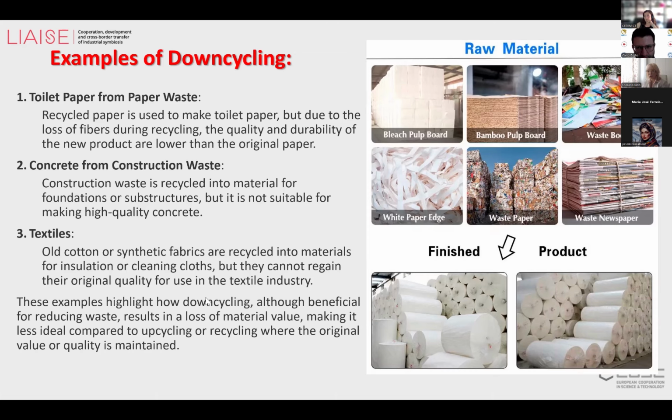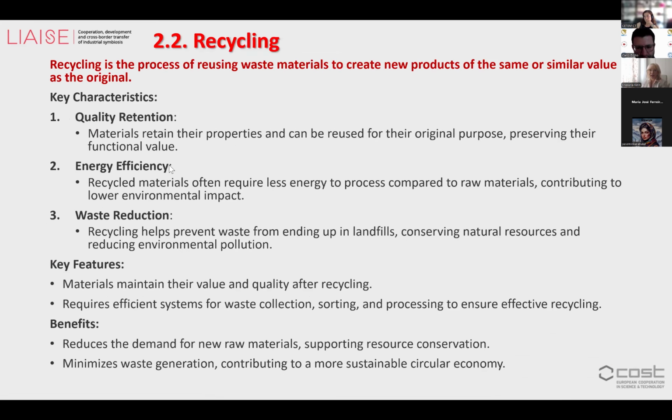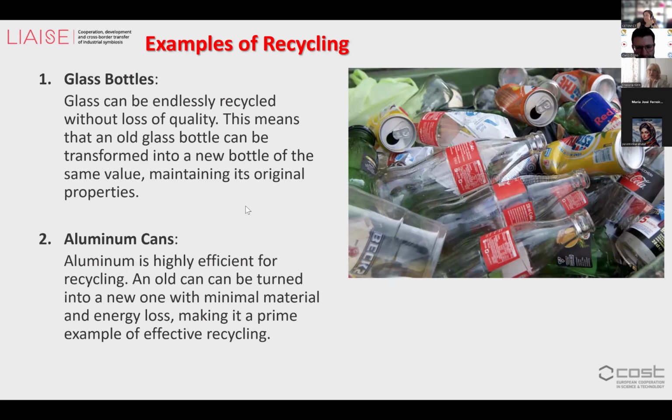And old cotton is recycled into materials for insulation or cleaning cloths, but it can't regain its original quality. Recycling we mentioned already, and here you can see that glass can be endlessly recycled without loss of quality, and aluminium is also highly efficient for recycling.